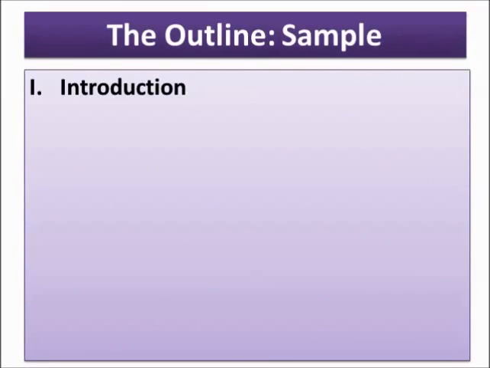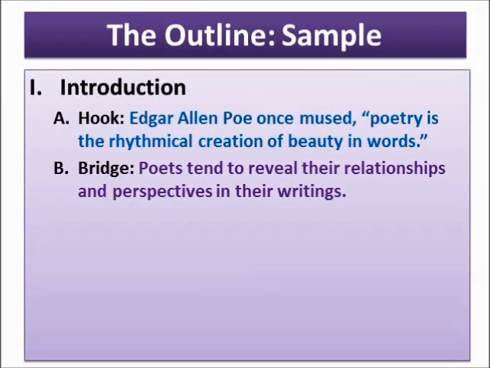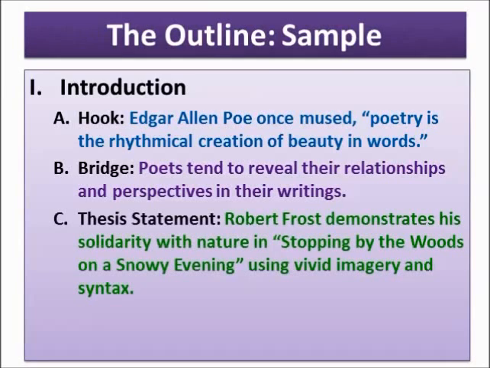We will begin by outlining our introduction, which is basically just carrying over the information that we wrote for 6.07 and putting it at the top of our 6.08 outline. So our introduction is made up of, first, the hook, then the bridge, followed by the thesis statement.